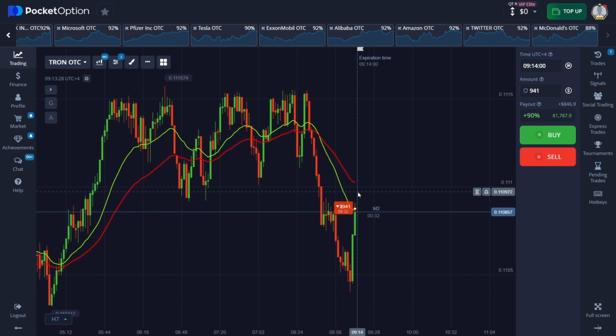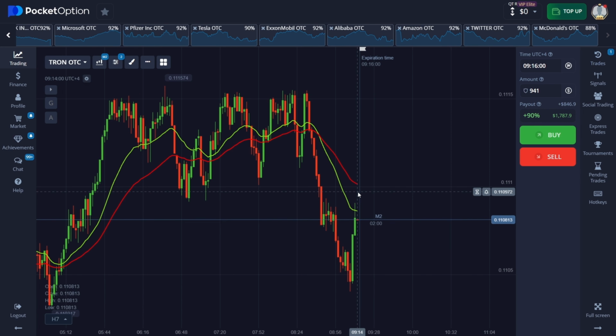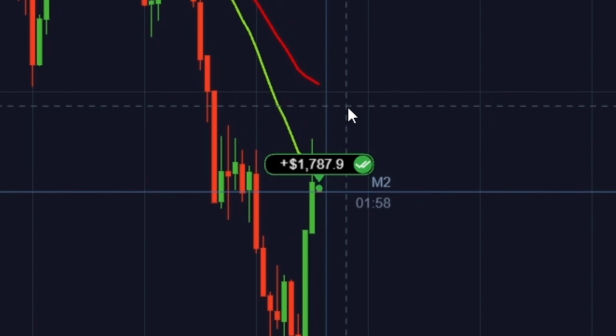Currently, the trade is going in our favor, but with only 30 seconds left, it looks promising. A few seconds later, we won the trade.